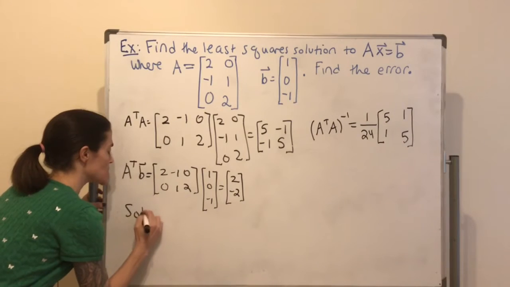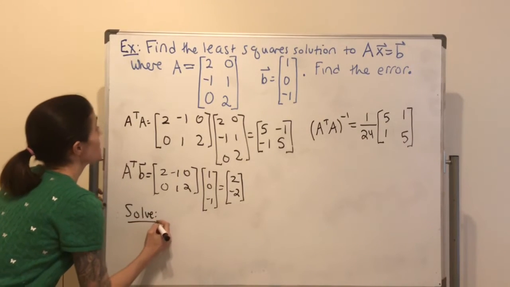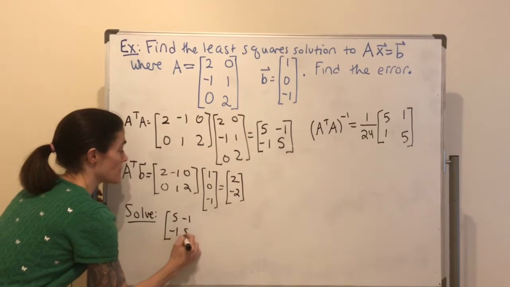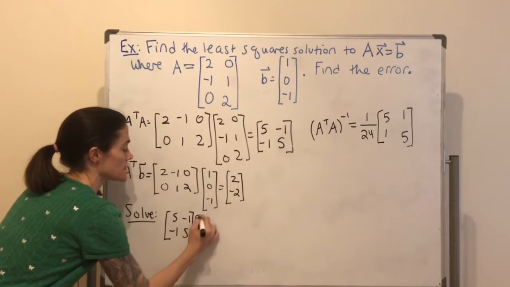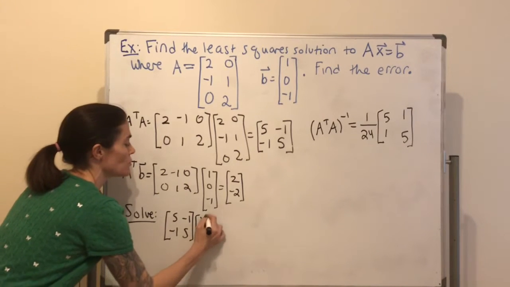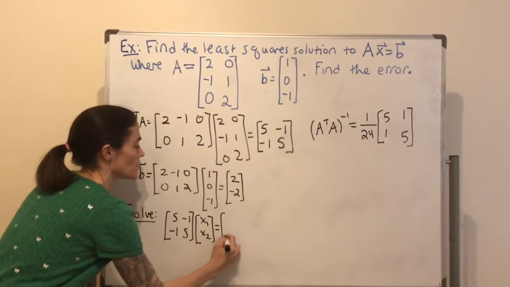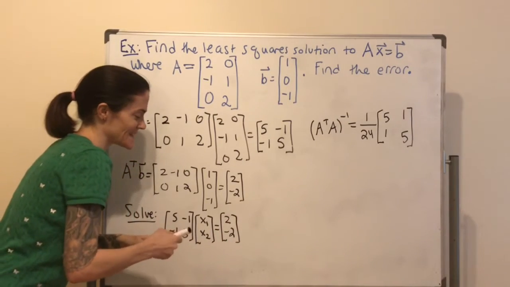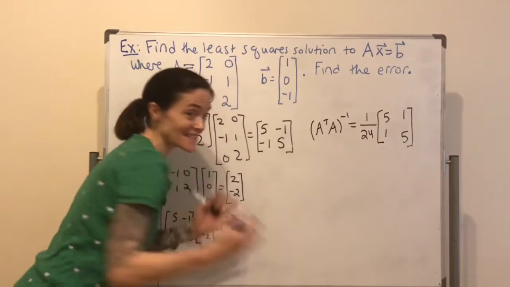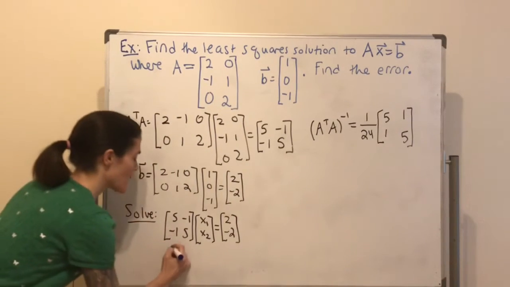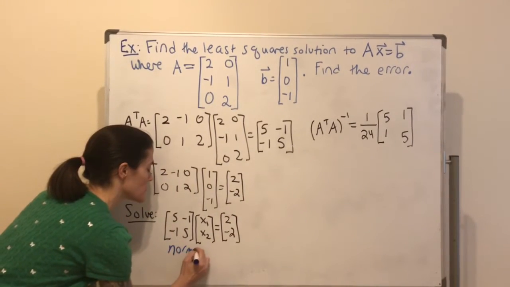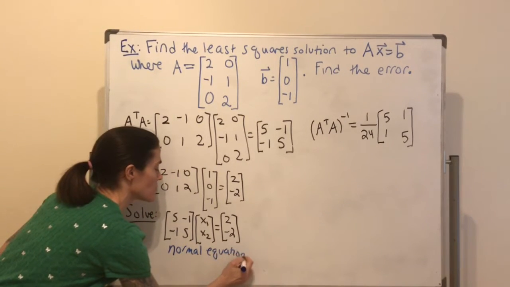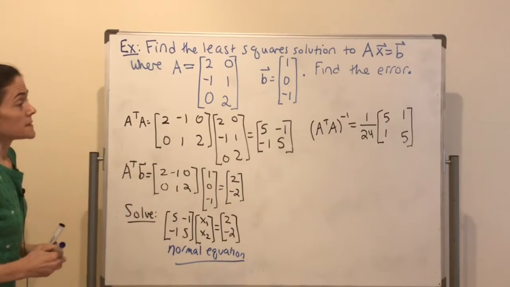The normal equation is as follows. It is 5, minus 1, minus 1, 5, times x1, x2, equals 2, minus 2. I'll label it, because this is only our second example and our first since we've actually really discussed what's going on. Here's the normal equation for this system.